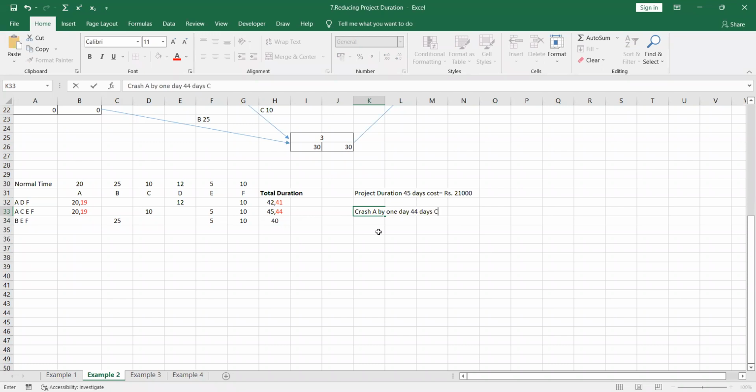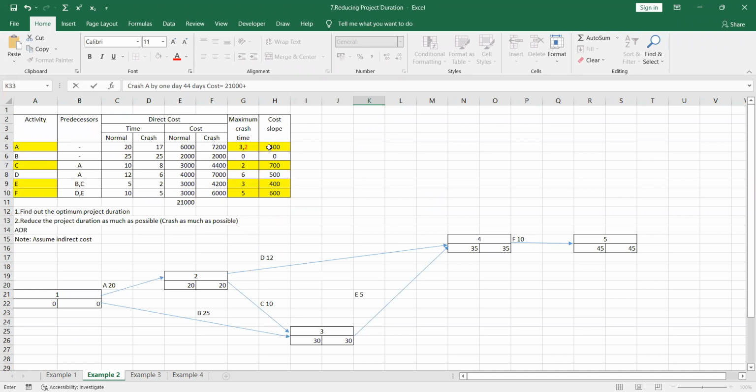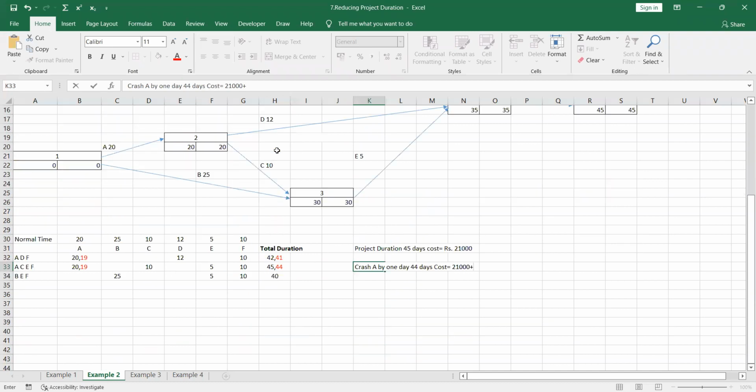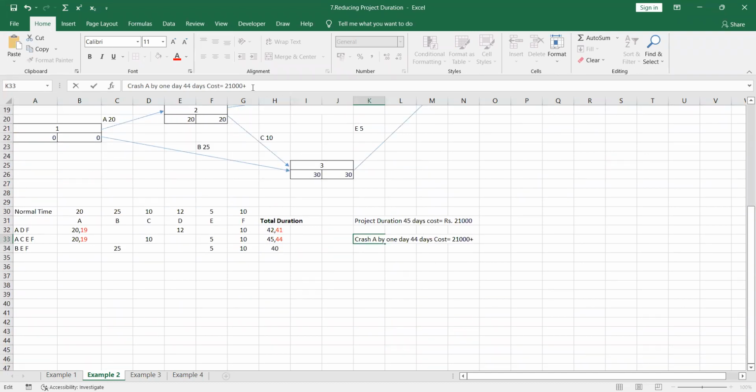And how much cost do we have? To the 21,000, you have to add the cost of activity A, that is 400. So 21,400 is the cost now.